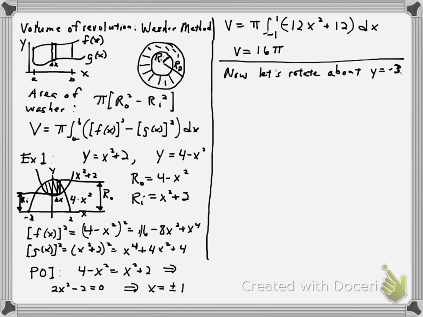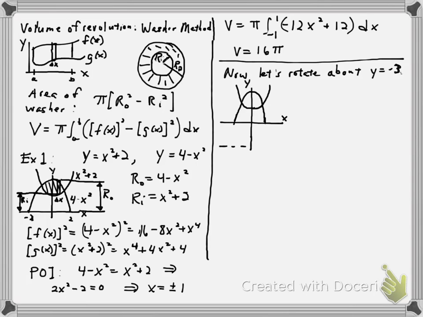So I'll draw a picture again. So we had our 4 minus x squared, we have our x squared plus 2. We have our line.